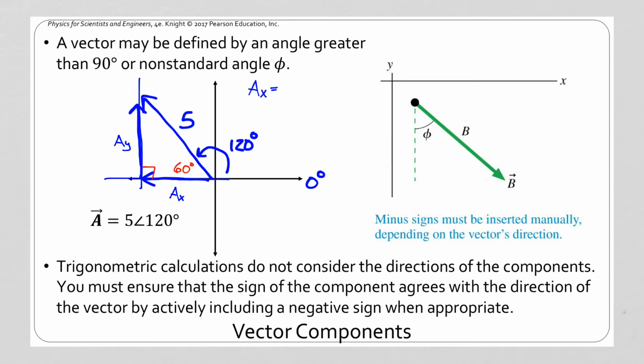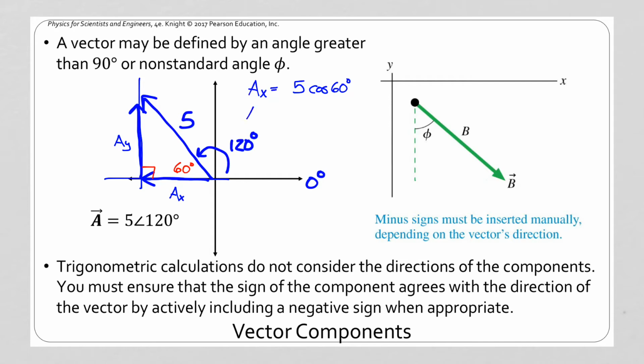And so what we could do is say here, AX is going to be our magnitude, which in this case was given as 5, times the cosine of the angle, and the angle was the angle inside the triangle, because we're using trigonometry here.